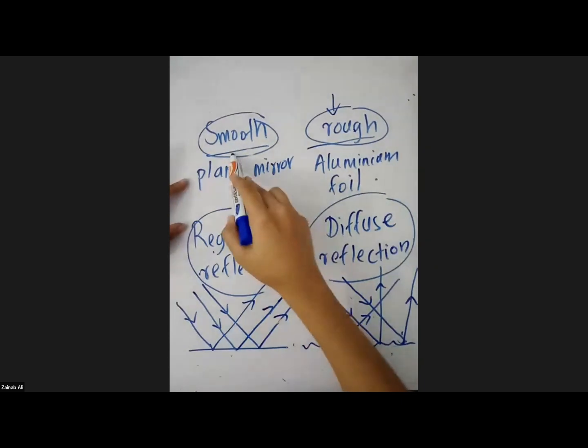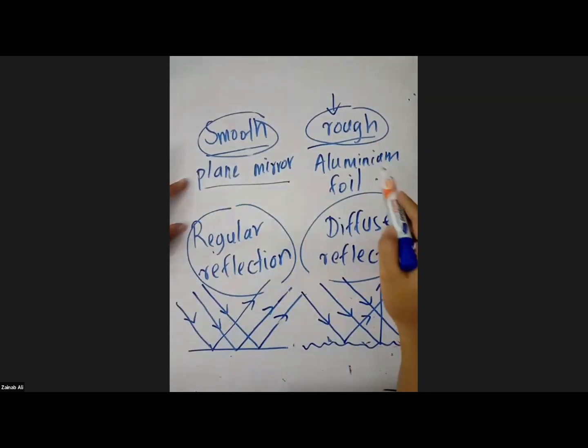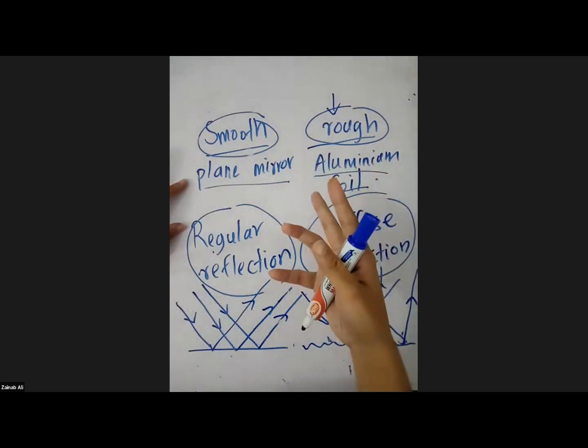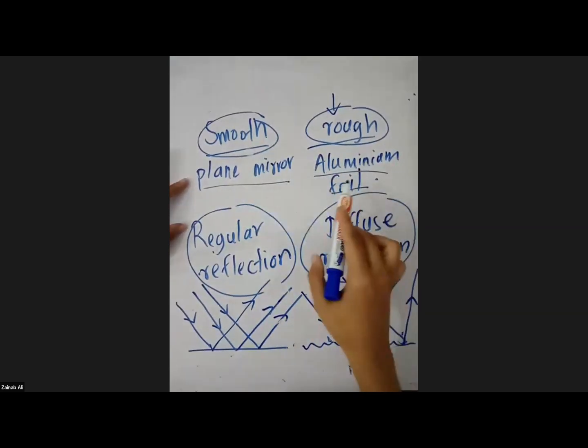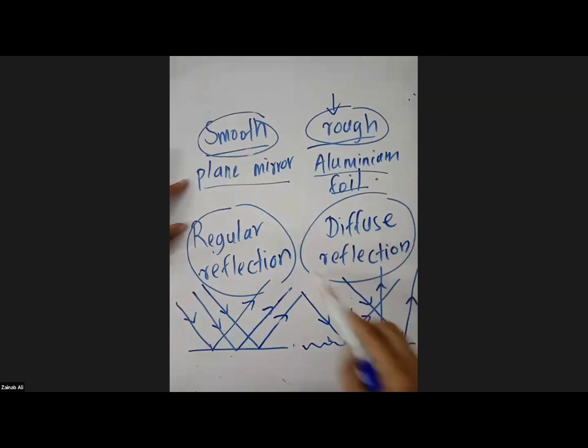An example for a smooth surface is a plane mirror. For a rough surface, you can say aluminium foil or a book surface. The earth's land and sea are also rough surfaces, so in these rough surfaces, diffuse reflection occurs.